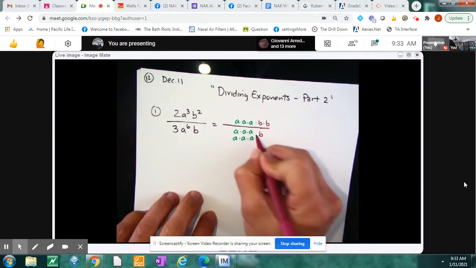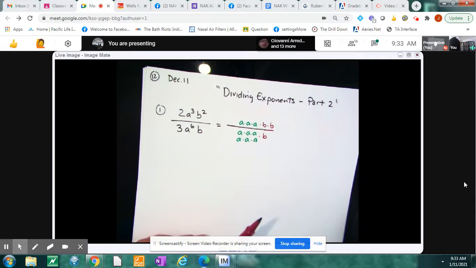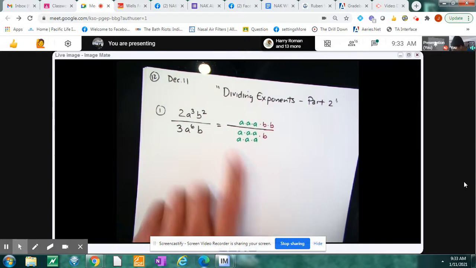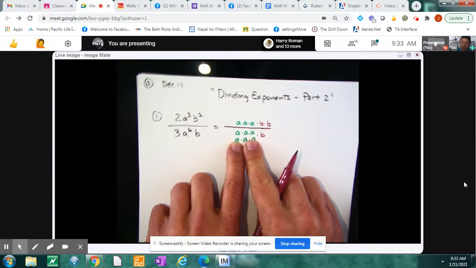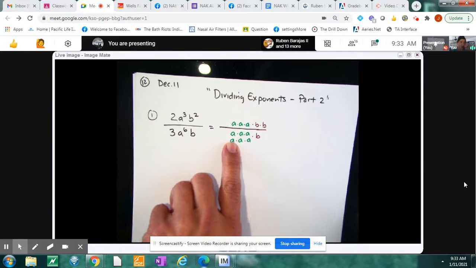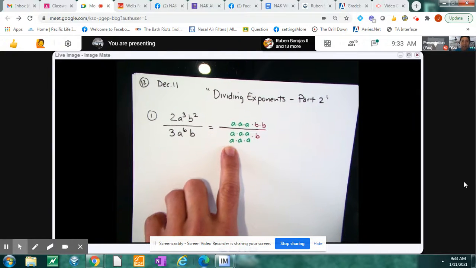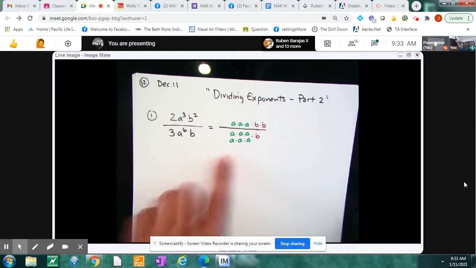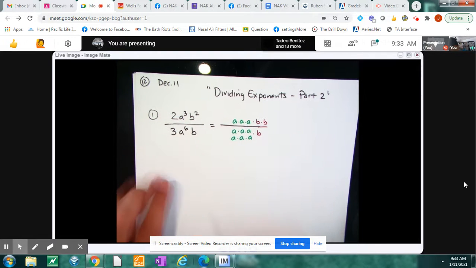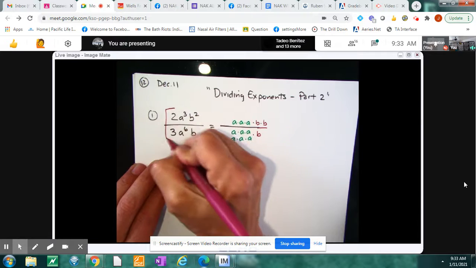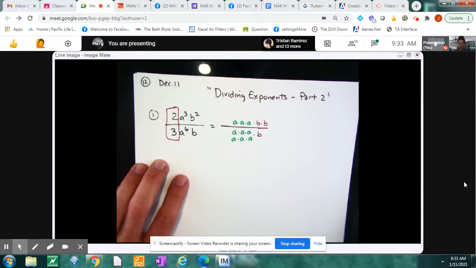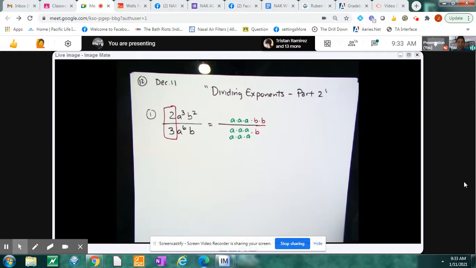You can put it right on top of each other. That's fine. Or you could put it all across. It doesn't matter. Okay. So now, because it's 2/3, what I usually do is put a box right there, because I want to take care of that after.